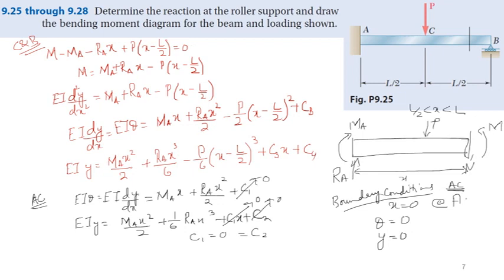So these equations will become EI theta, or EI dy by dx, equals MA x plus RA x squared by 2, and the other equation, EI y, equals MA x squared by 2 plus RA x cubed by 6.